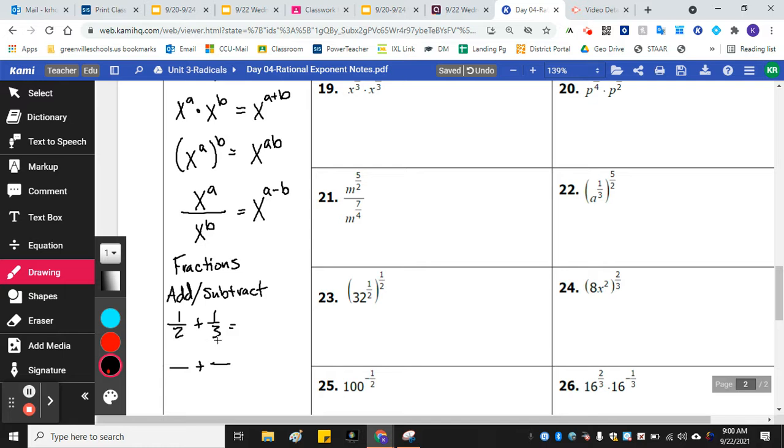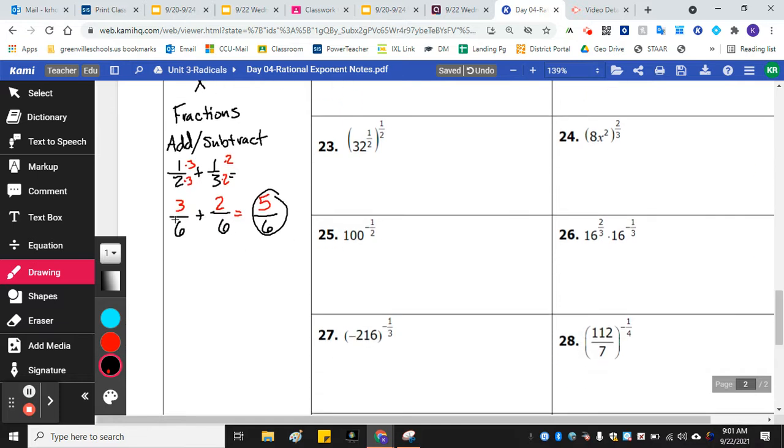So 2 and 3, their least common multiple is 6 because I can multiply 2 times 3 to get 6. But what I do to the bottom, I have to do the top. And I can multiply 3 times 2 to get me 6. So then I add across the top, 5, and keep the denominator of 6. So 1/2 plus 1/3 is 5/6.